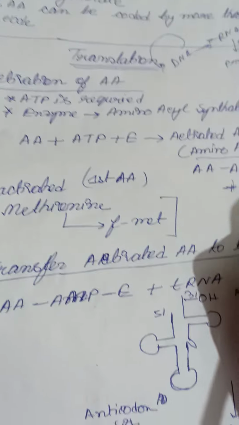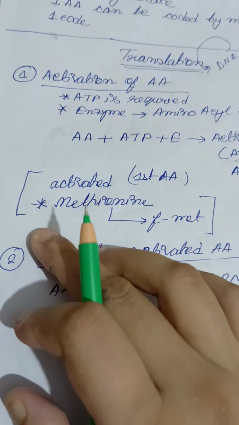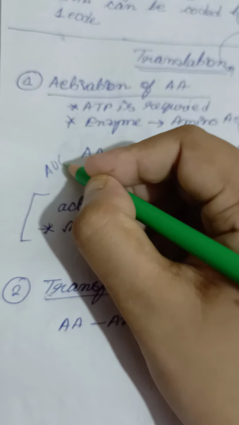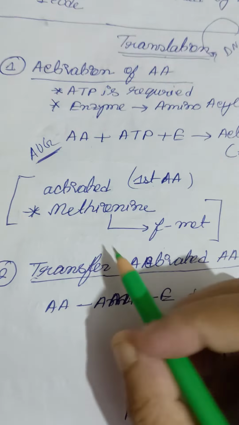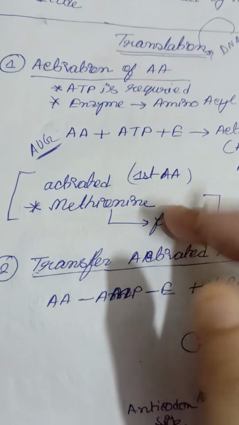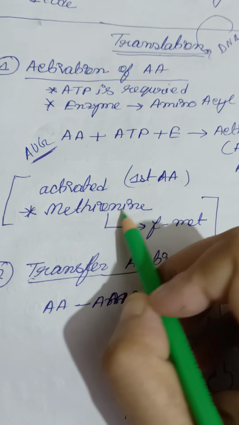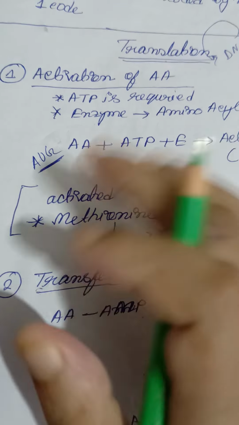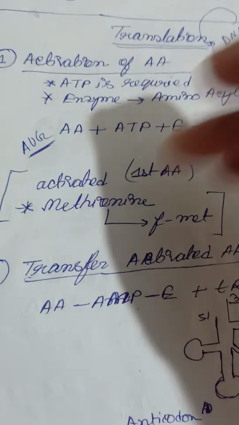Okay. So now what happened? AUG is a start codon, right? It codes for the amino acid methionine. So the first amino acid, that is methionine, is always in the form of activated amino acid because it is called the start codon.